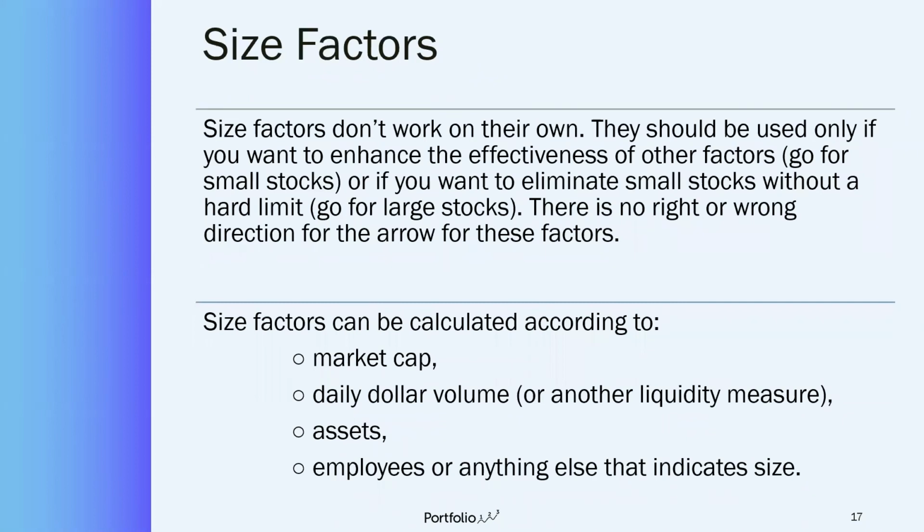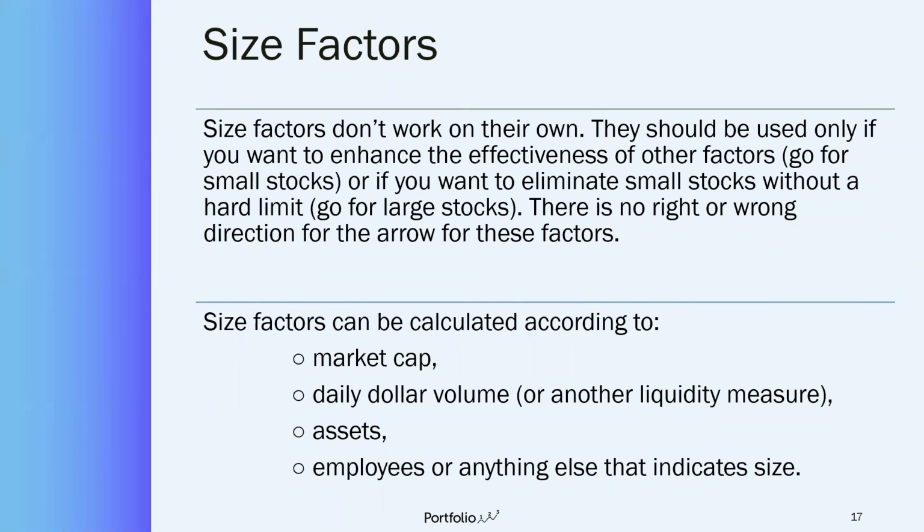Size factors don't work on their own. As I said earlier, they should be used only if you want to enhance the effectiveness of other factors, like going for small stocks, or if you want to eliminate small stocks without a hard limit and go for large stocks. There's really no right or wrong direction for the arrow for these factors.